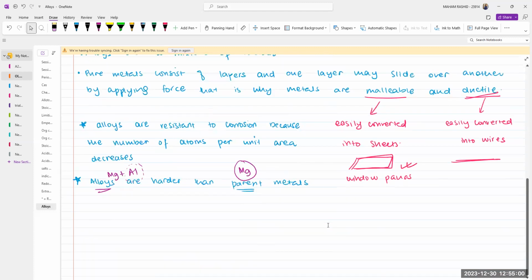And strength makes the metal harder. So alloys are harder than the parent metals because they do not consist of layers, or because they have different atomic radii.